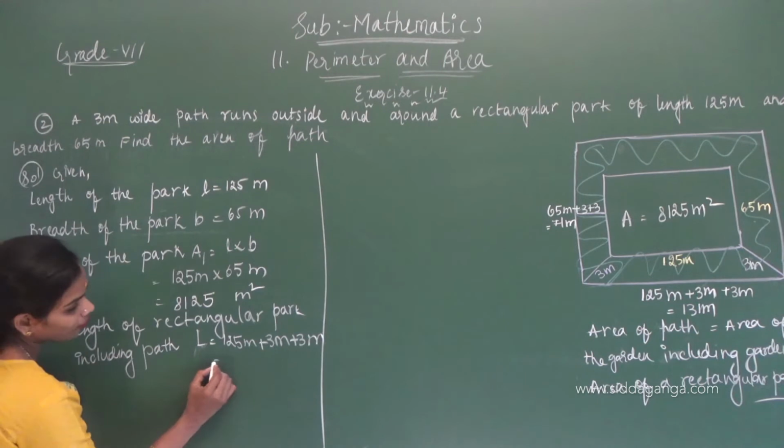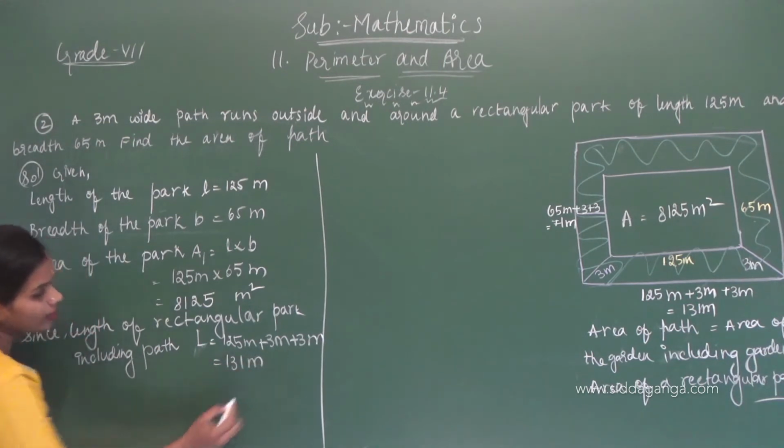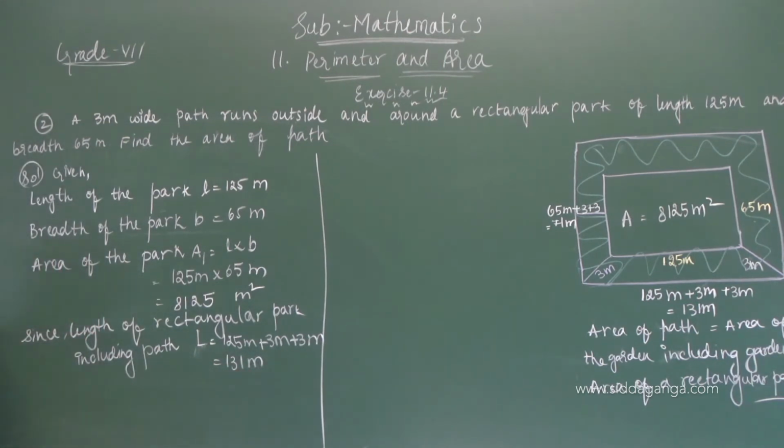So 131 meters will be the length of the rectangular part including path.